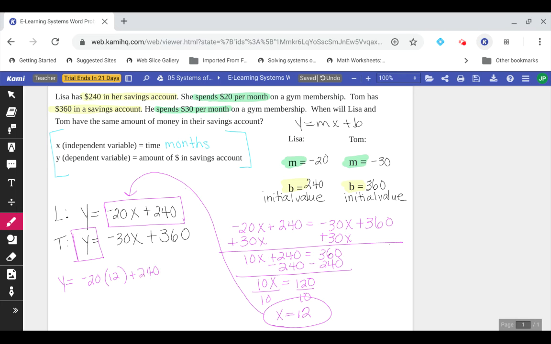It's also always good to solve for both variables because then you can actually use it to check to make sure that your solution is correct.